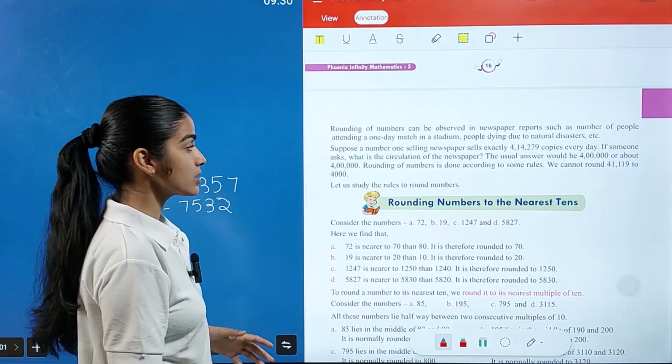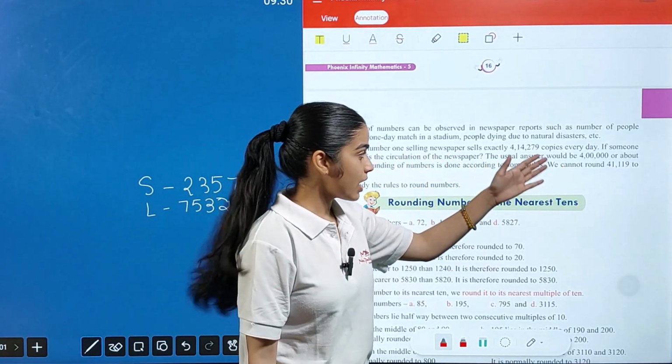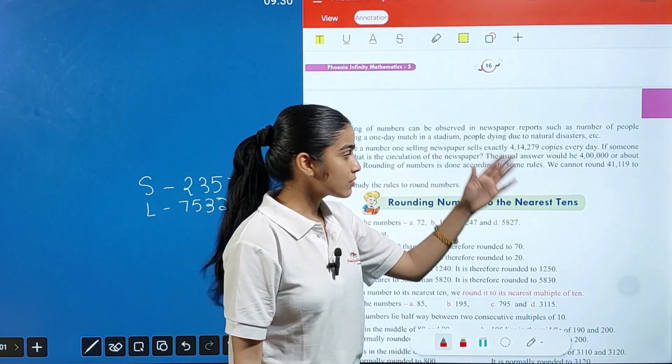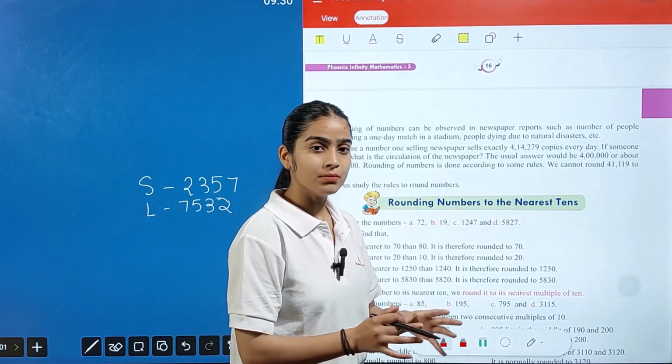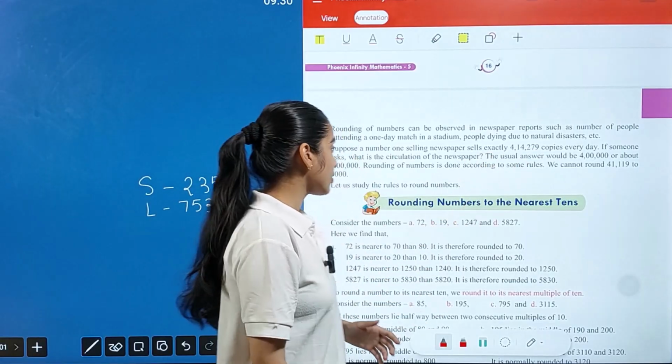If someone asks what is the circulation of the newspaper, the usual answer would be 4 lakh. We do not tell them the exact number, which is 4,14,279. We just tell them a rounded number, which is 4 lakh or about 4 lakh.